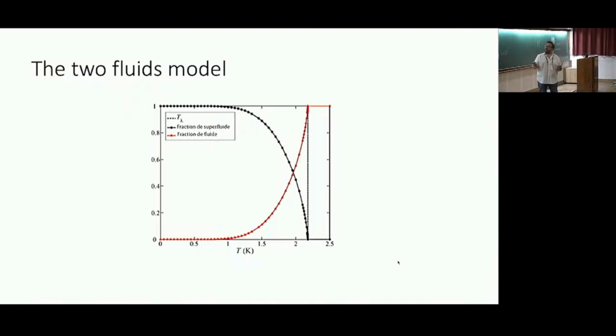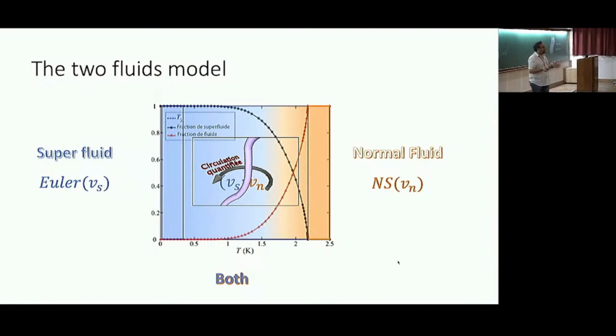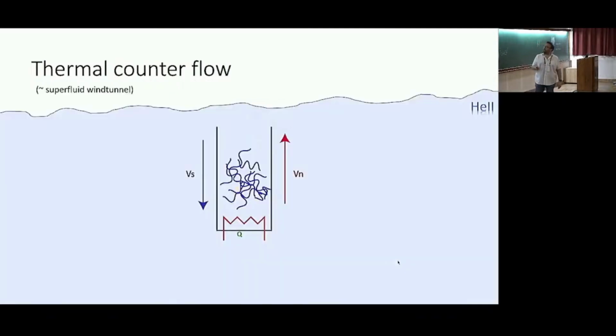These two fluids exist at the same time. At high temperature, this fluid behaves as a normal fluid. It obeys the Navier-Stokes equation. At extremely low temperature, it's closer to an Euler equation, not exactly that, but close to. And in the middle, you have both of these components that live together and interact through the presence of quantized vortices. This is the context.